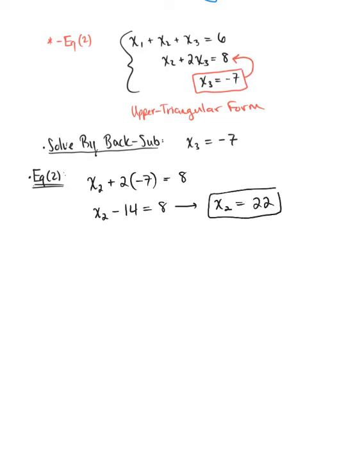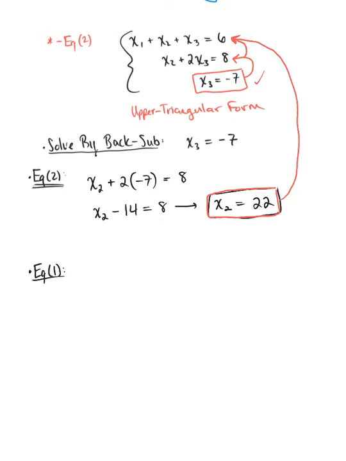Woohoo! So now we have x sub 3 is equal to negative 7, and we have x sub 2 is equal to 22. So we'll take both of these terms and back substitute them into equation 1 to find x sub 1.